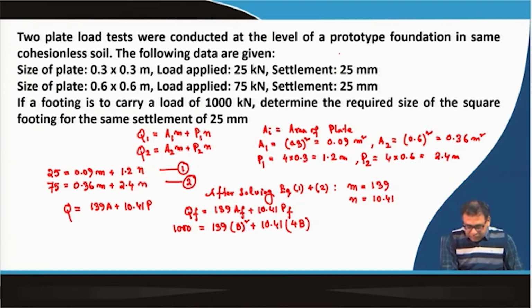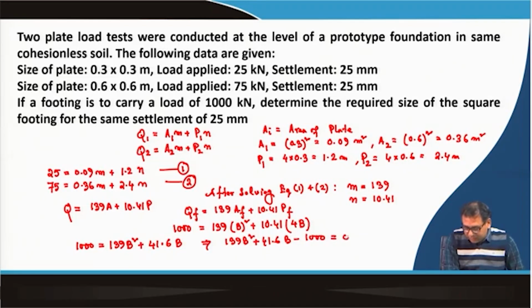So, finally we can write that 1000 is equal to 139 B squared plus 41.6 B, or I can write 139 B squared plus 41.6 B minus 1000 is equal to 0.